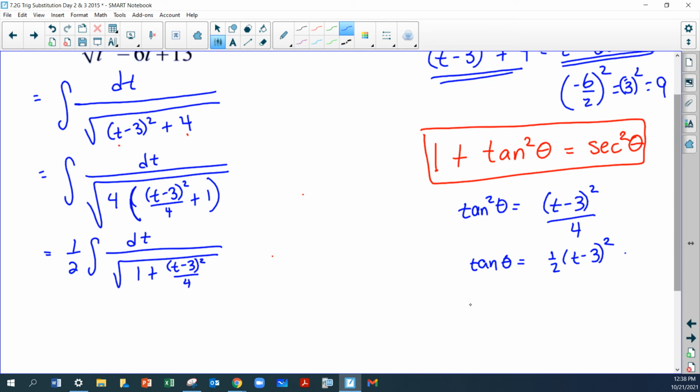The derivative would be secant tan, wouldn't it? Secant theta tan theta equals 2 comes down, and we just get a t minus 3 d theta. Dt, I'm sorry.